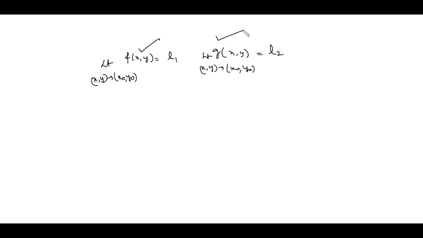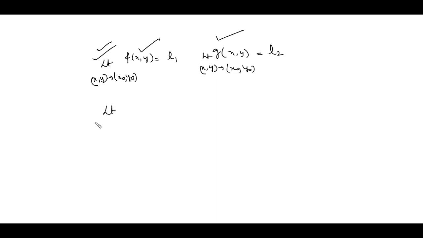Then the sum of these two, the difference of these two, multiplication with some k, the multiplication of these two functions, division of these two functions provided the denominator is non-zero, all these functions have the limits in terms of sum, difference, product, multiplication with the scalar, and division, right? All these rules hold in case of limit functions of two variables, right?